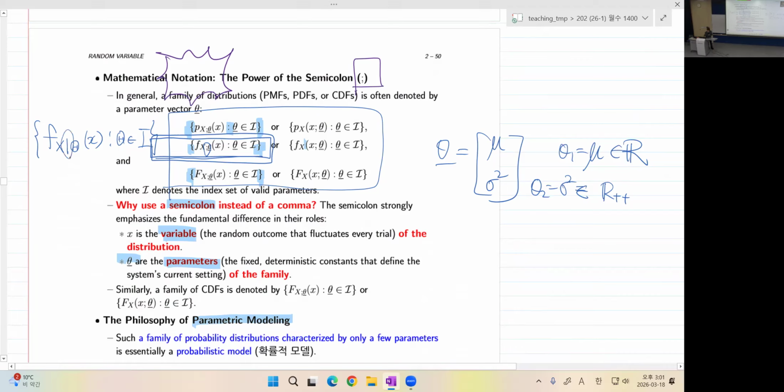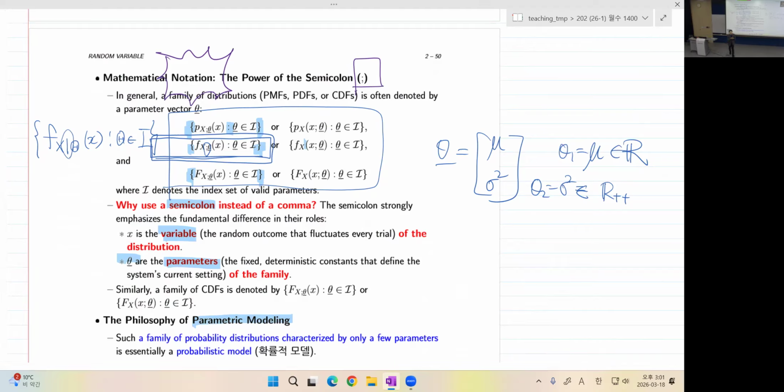When you use a conditioning bar, what you mean is that this theta is a random variable, as you will see in this course, not in this chapter. But when you use a semicolon, we haven't yet confirmed whether the parameter itself is a random vector in this case, or not. We don't know yet.